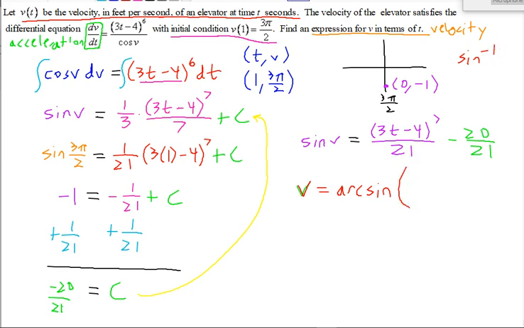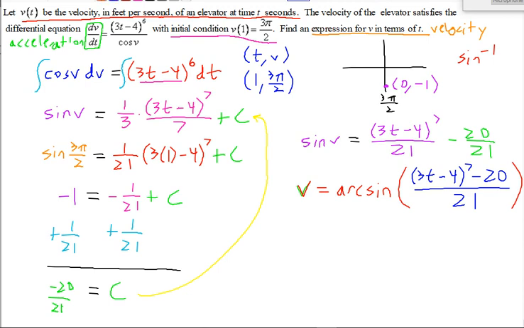And then it's the arc sine of this whole side. You could leave it like this separate, or since they already have a common denominator, you might want to combine them, make it a little simpler to be a single fraction as (3t minus 4) to the 7th minus 20, all divided by 21. So there's our velocity function.